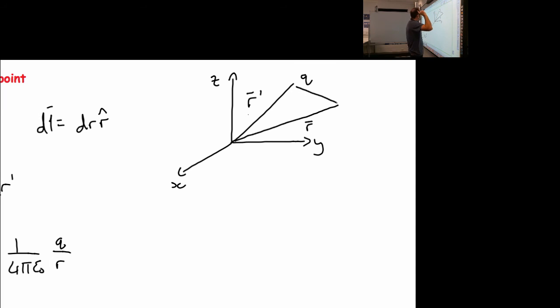The distance in between the two, between our charge and our point of observation, is r minus r prime. So now we can write the potential as V of r equal to 1 over 4 pi epsilon naught times q over the magnitude of r minus r prime.